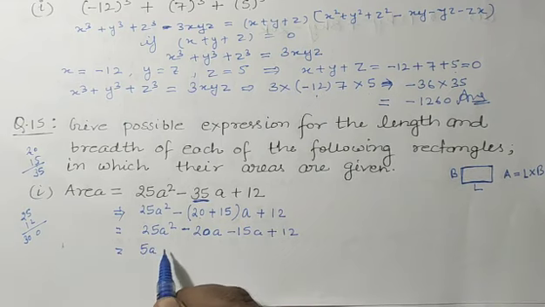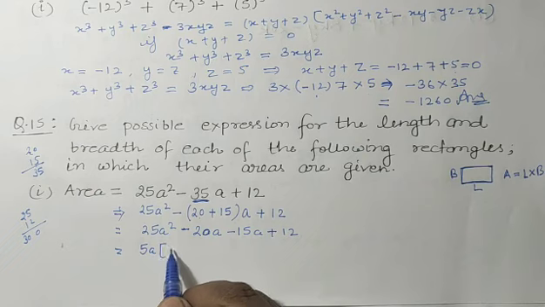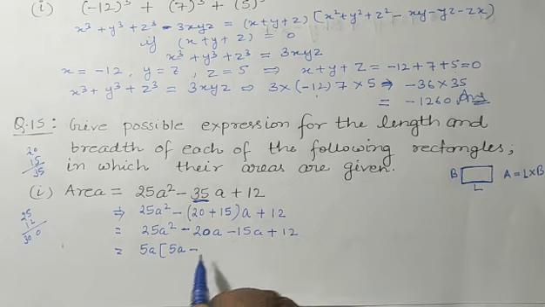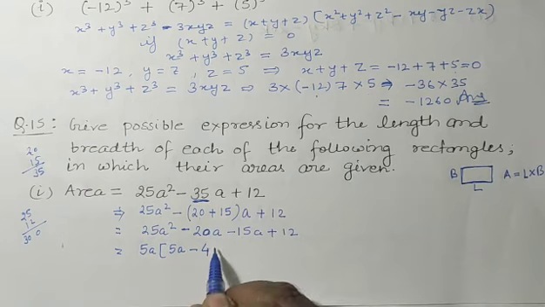So if we take common 5a, what will be the remaining here? 5a. Because in 25, when you take common 5, 5 will be left. In a square, if you have taken common a, a will be left. In minus 20a, if you take 5a as common, what will be left? 4. Only 4 will be there.